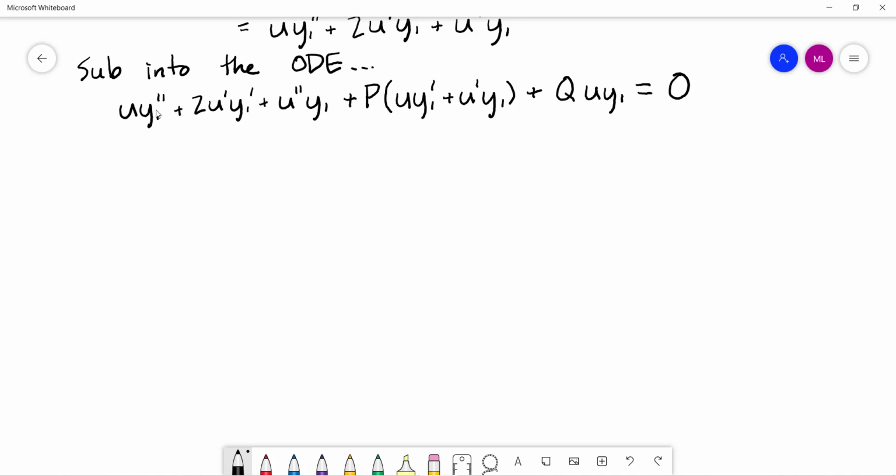So I'm going to group this term here, and this term here together. And we'll see why in just a minute. So again, I don't expect you to have intuition for doing this, but hopefully it will be semi-obvious once we see it.